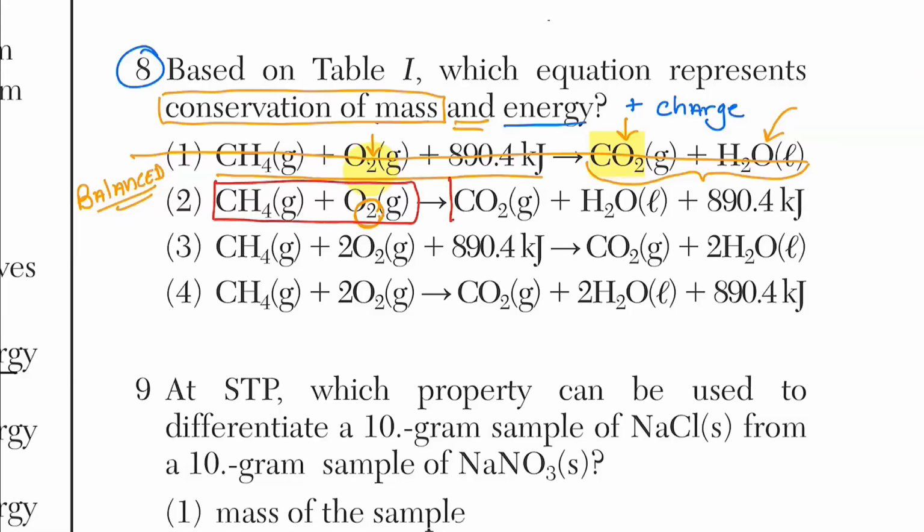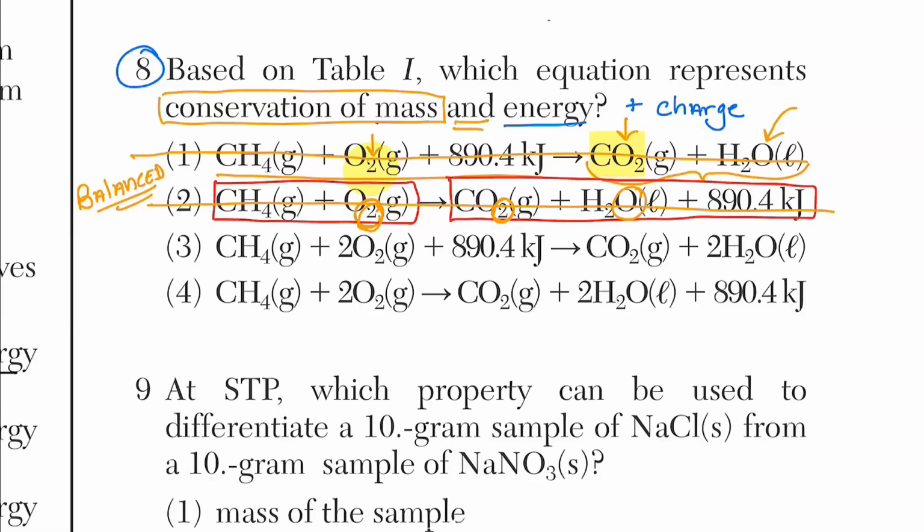On your product side, to the right of the arrow, let's count oxygens. We have 2 on the reactant side, and we have 2 here plus an oxygen here. Same deal. We have more oxygens being produced than we started with. You can't do that. Every single atom on the reactant side must be the same number and same type on the product side. So we're creating an oxygen out of thin air. That's not correctly balanced.